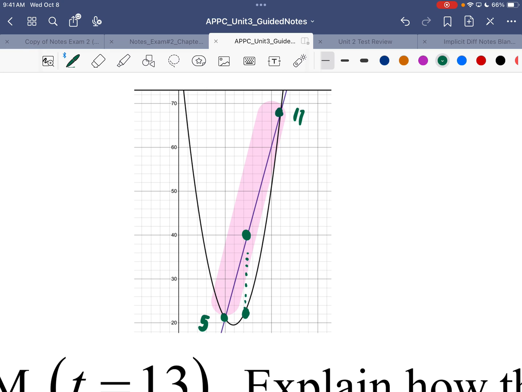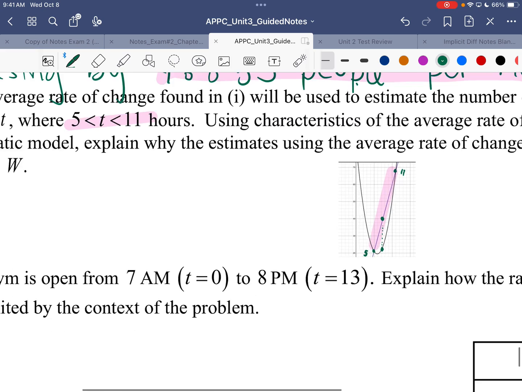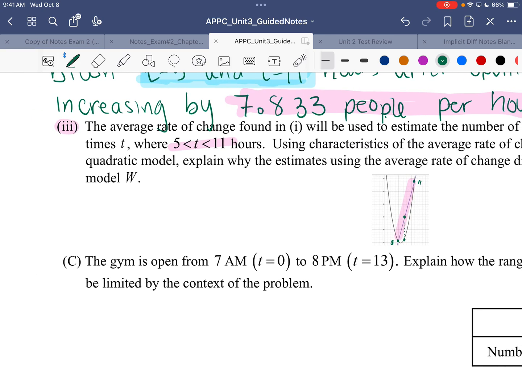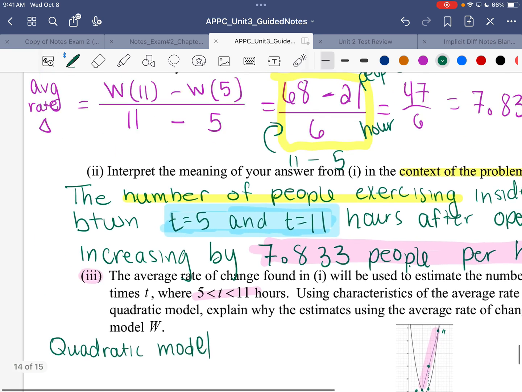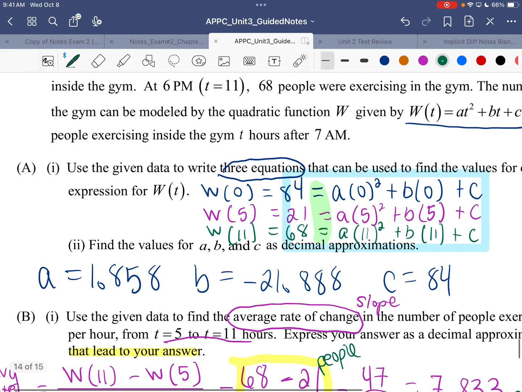So the quadratic model is opening up. How do I know that the quadratic model is opening up? Right, but how do I know it's concave up?